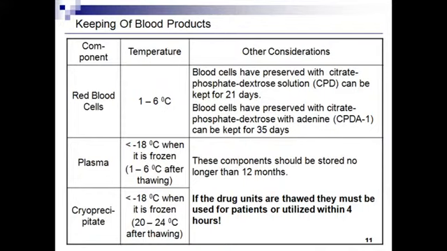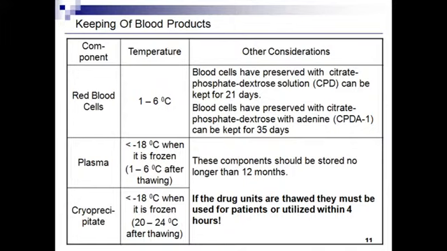If the plasma is frozen, we can keep the bottles with plasma at a temperature of 18 degrees below zero. If the plasma is thawed, we can keep the plasma in a refrigerator from 1 to 6 degrees Celsius after thawing.